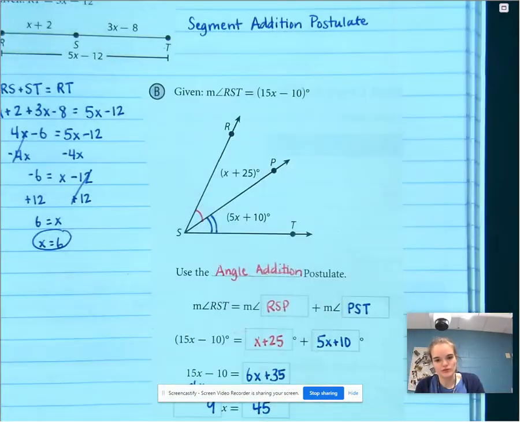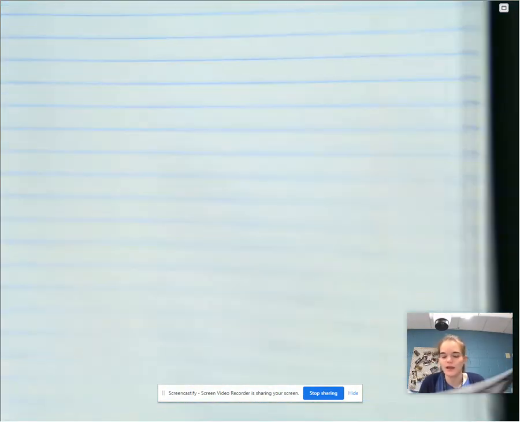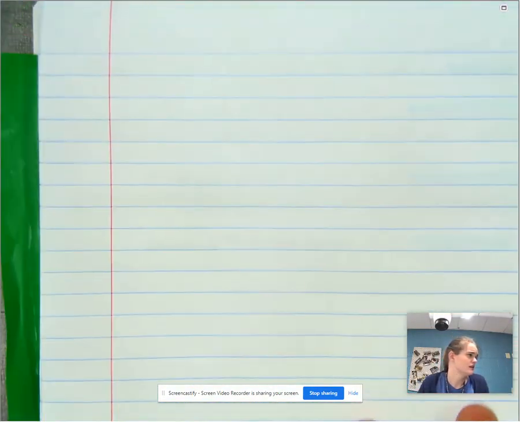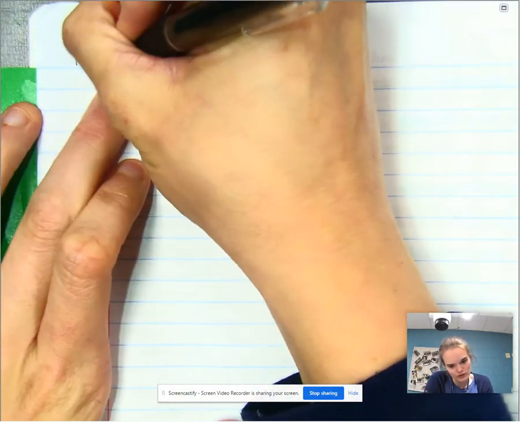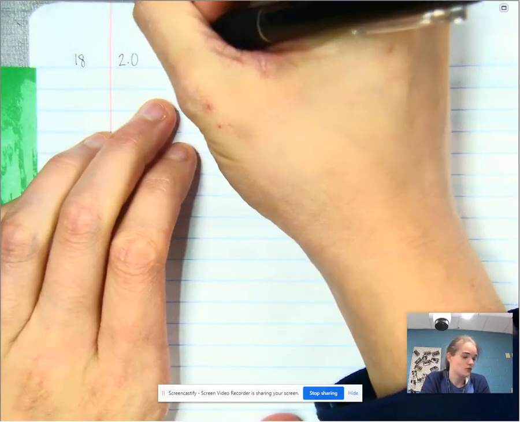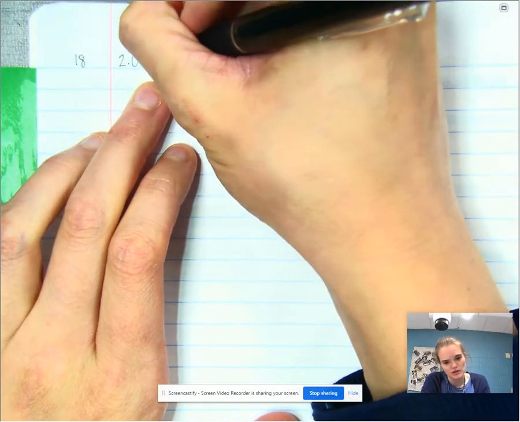All right, now let's turn to pages 18 and 19. 18, as I said, is 2.0, and it's 2.0 because it's stuff we need to talk about transformations.